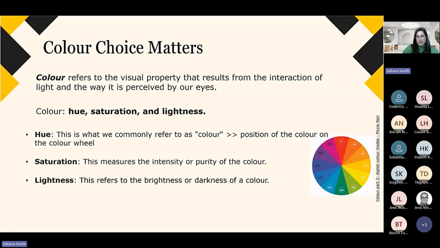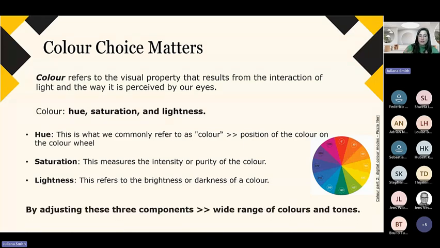When we adjust the lightness, we can create shades when we make it darker, and we can create tints by making it lighter. So we can have multiple shades, for example, of red, as well as multiple tints. And when we adjust these 3 components, we can create a wide range of colors and tones.